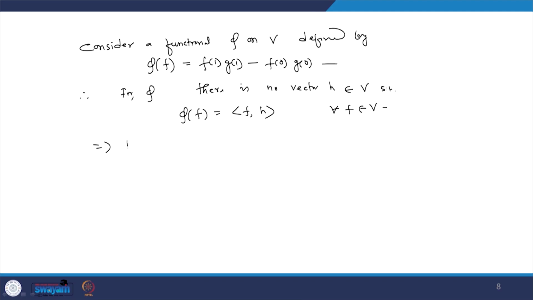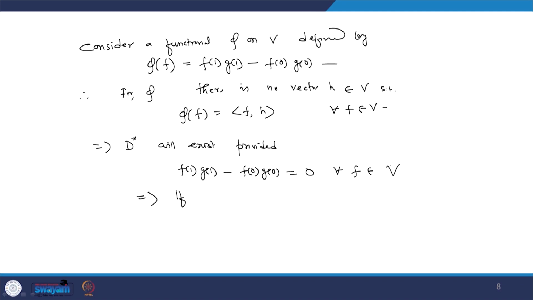So, this implies that D star will exist provided f of 1 g of 1 minus f of 0 g of 0 equals 0, and this is true for all functions f. So, this implies g of 1 equals g of 0 equals 0.